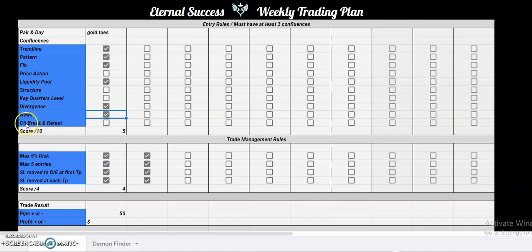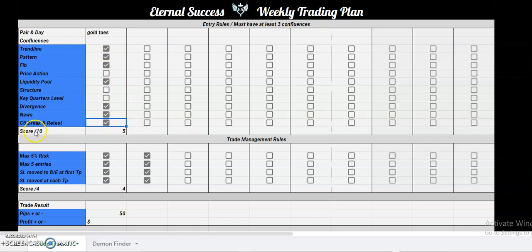Then CTL break and retest. That means counter trend line break and retest. If you've got an uptrend and the market has pulled back down, you've got a counter trend line; if it breaks and retests, that is a brilliant entry. You combine that with a fib, etc.